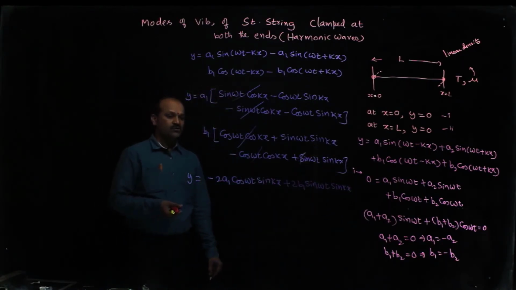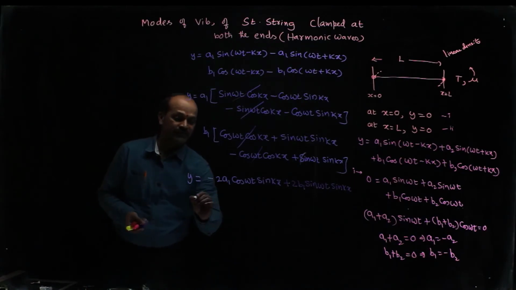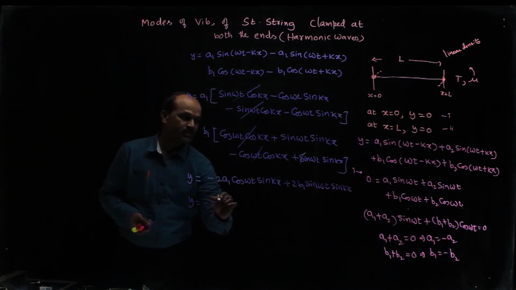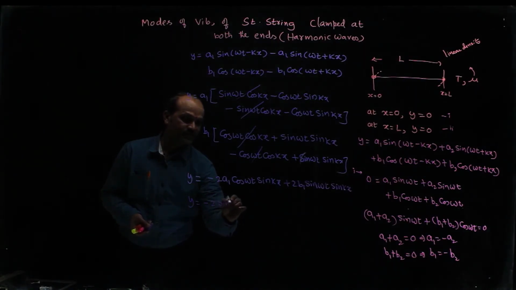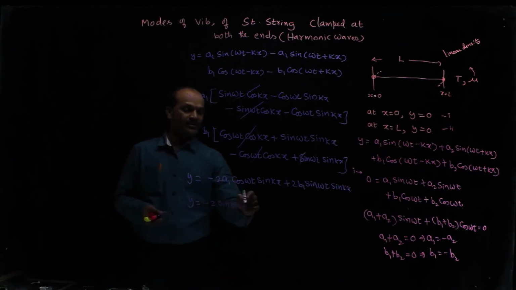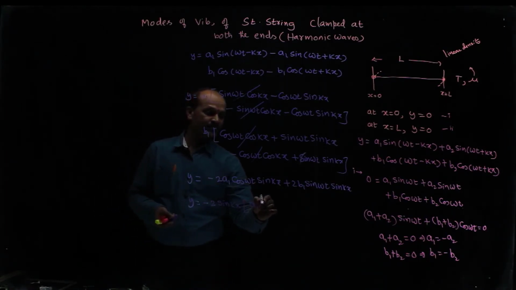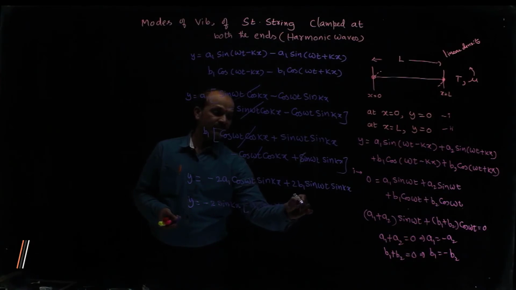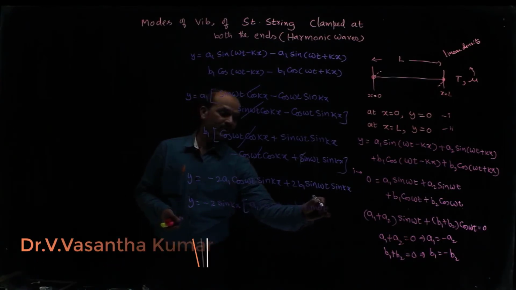So we can write y is equal to minus 2 sin kx, if we take it common, times (a1 cos omega t minus b1 sin omega t).